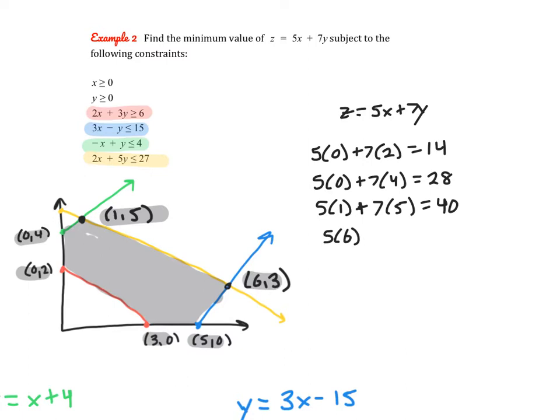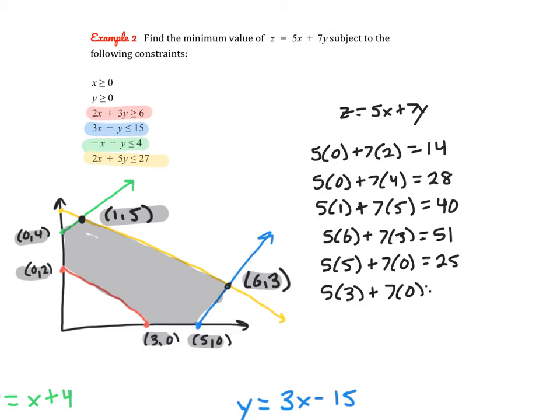Let's check (6, 3). And we get 51. And then we can check (5, 0). And we get 25. And last one, and we get 15.